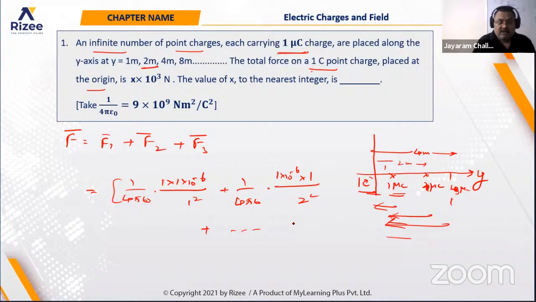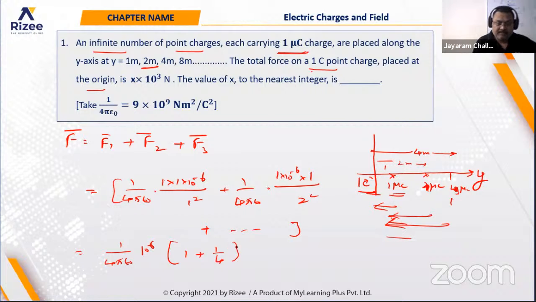And finally, if you take common from all of them, what will be there? 1 by 4 pi epsilon naught times 10 to the power of minus 6 for the micro. This is constant in all cases. Next, inside the bracket, this is 1 plus 1 by 4.